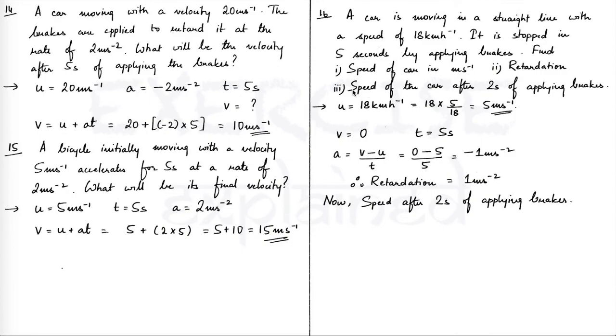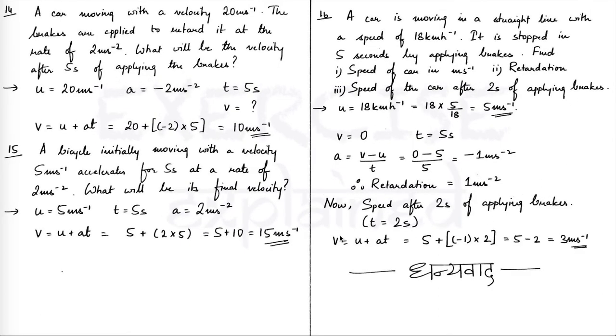Now the third point of the question has asked the speed of the car after 2 seconds of applying the brakes. Now we already know that after applying the brakes in 5 seconds the vehicle stops. But here what the question has asked is after applying the brake in 2 seconds what will be the final velocity.